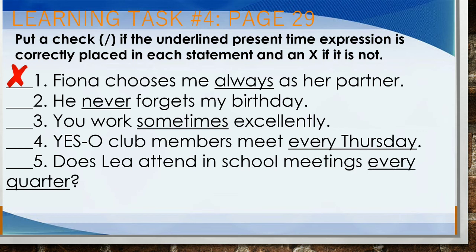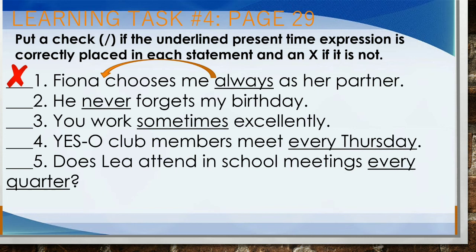So we put always. Fiona chooses me always as her partner. Next, it's supposed to be Fiona always chooses me as her partner. That is the correct answer.